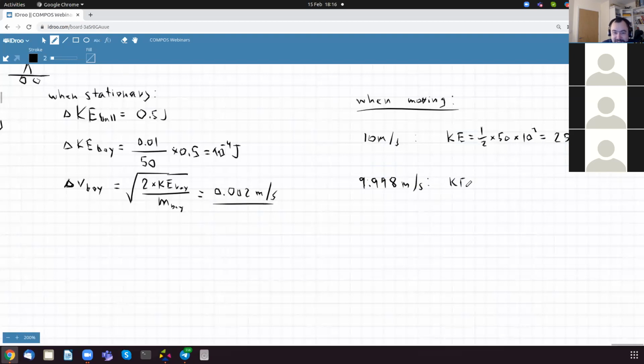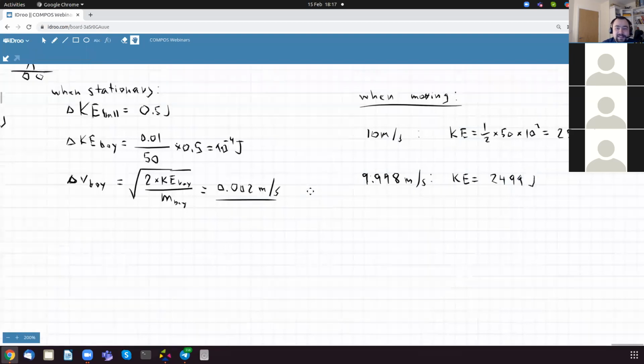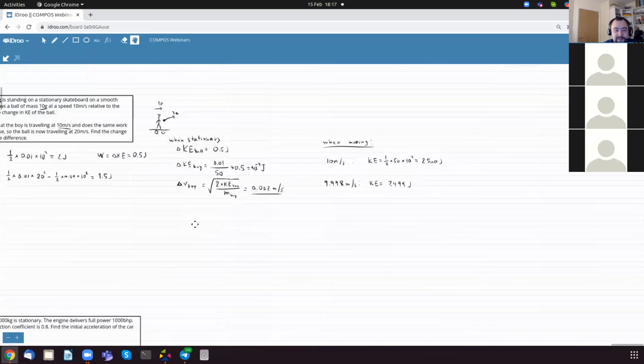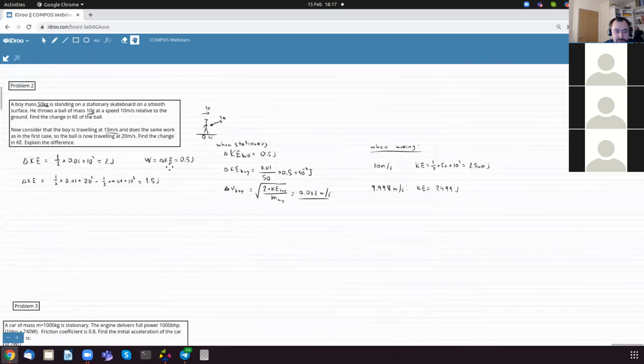the kinetic energy is going to be, surprise, surprise, 0.5 times 50 times 9.998 squared, 2,499 joules. So that's where the extra joule came from.